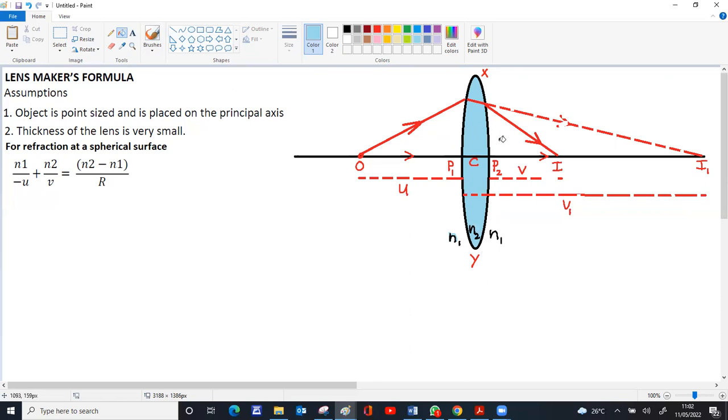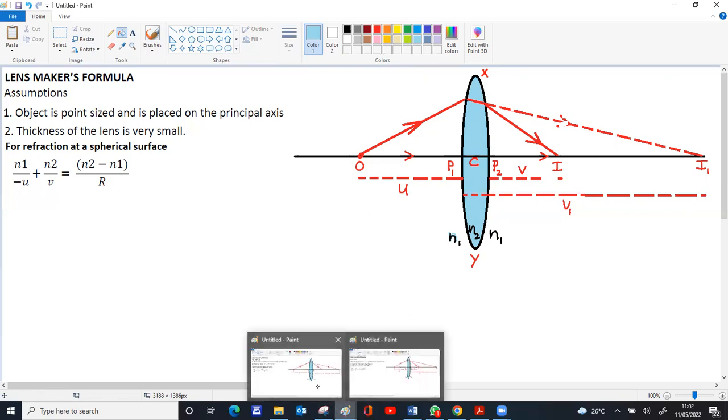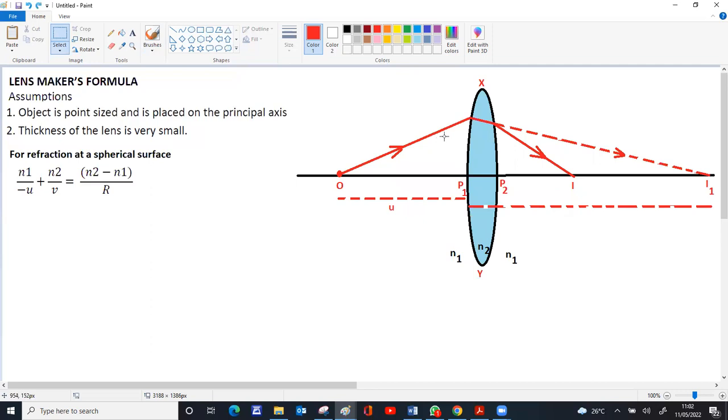To find the total refraction, we have to add the two refraction cases. So considering refraction from N1 to N2, the light ray entering the lens from the surrounding medium, maybe air or any other medium.